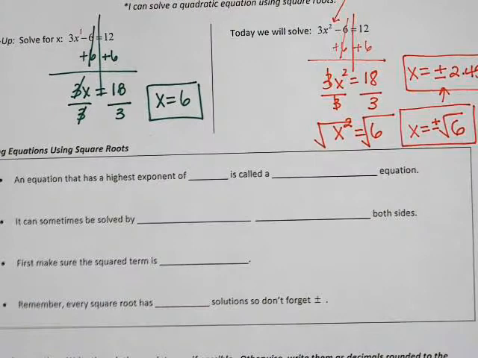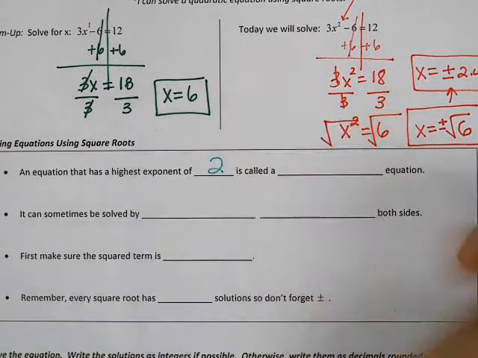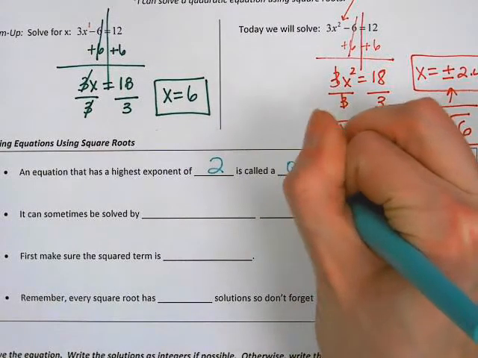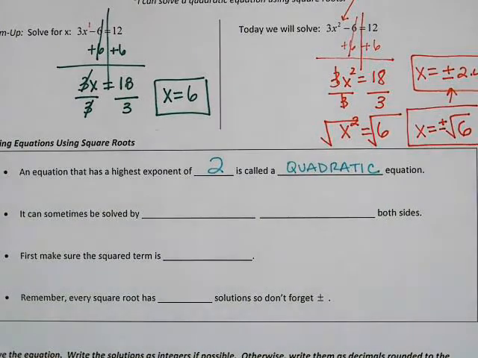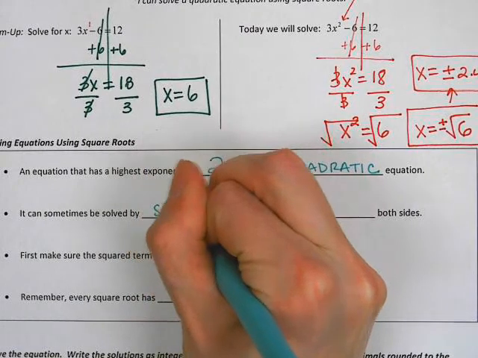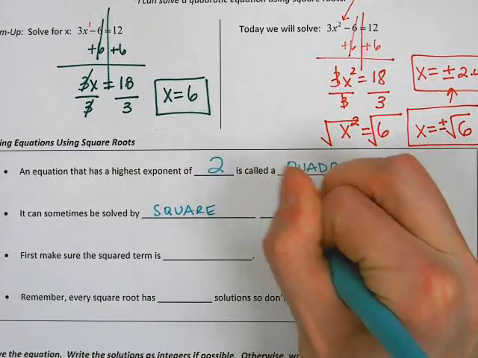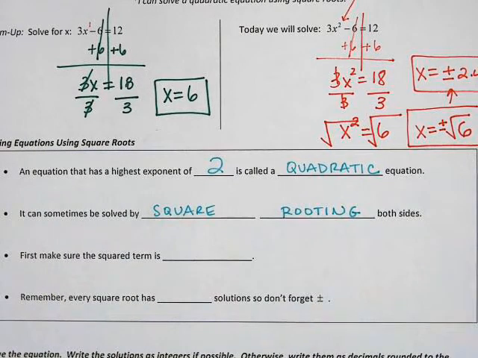Okay, so a little bit of notes here. An equation that has a highest exponent of 2 is called a quadratic equation. And one way to solve it is by square rooting both sides. And that's what we did here.